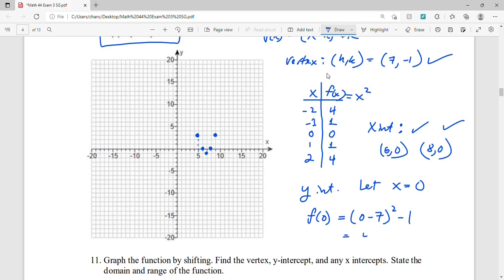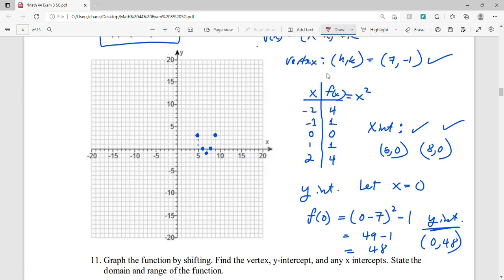And that gives me 49 minus 1, or 48. And so that means our y-intercept is the point 0 comma 48. Unfortunately, we can't graph the y-intercept because it's way off the chart, but we can still sketch our parabola.